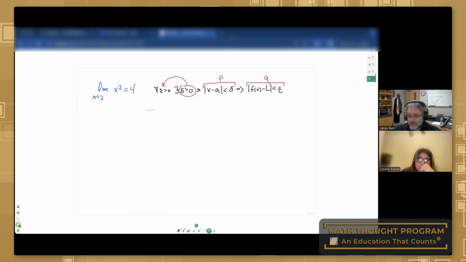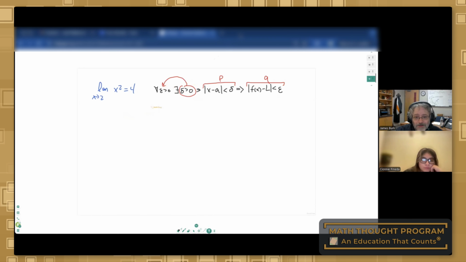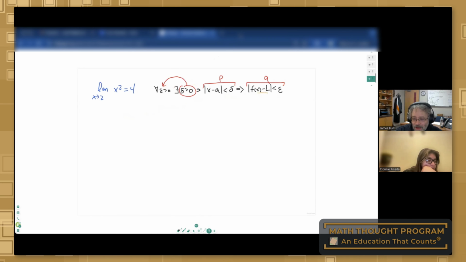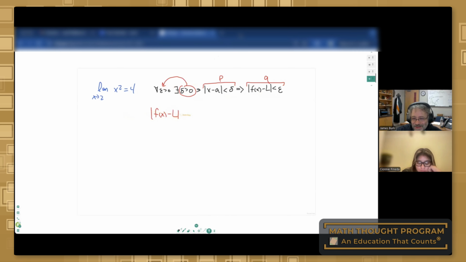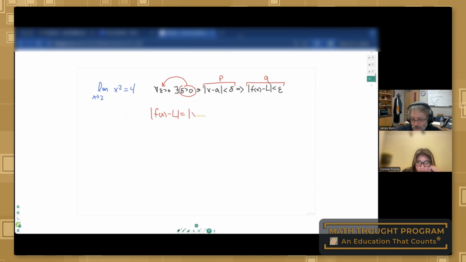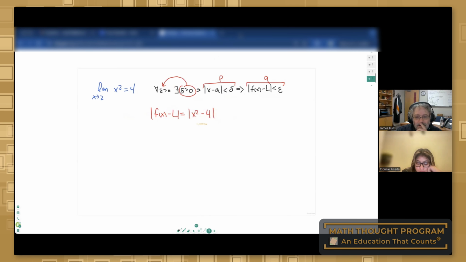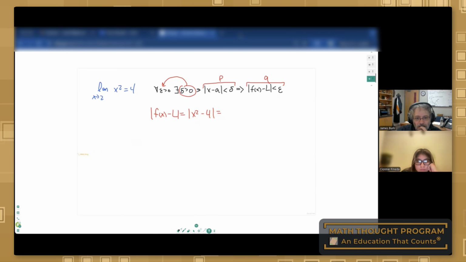So let's just kind of play around with it for a moment. I'm going to have the absolute value of f of x minus L, where f of x is x squared, and L is 4. And I need this to be less than epsilon. Now, if you look at this, what do you see with x squared minus 4?